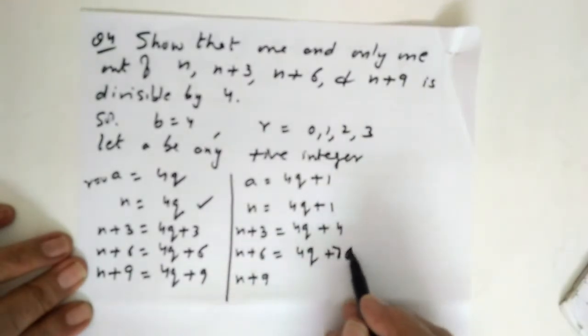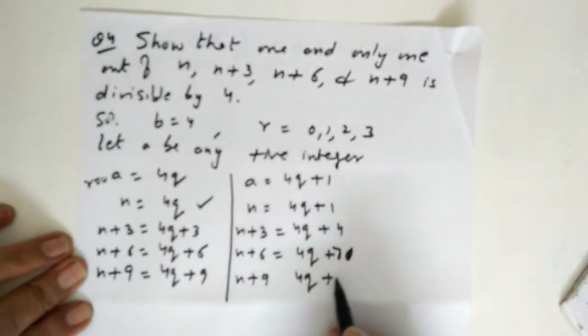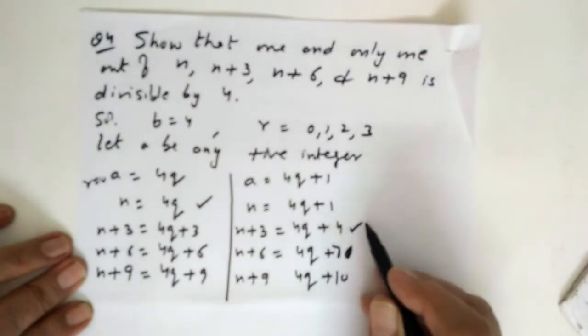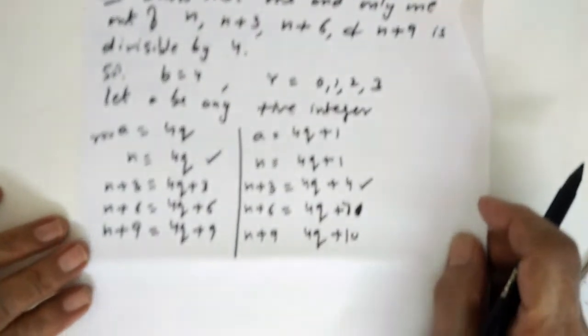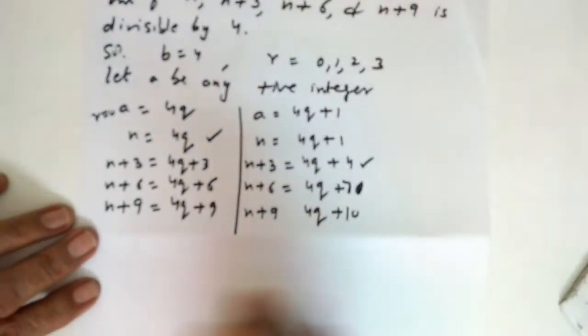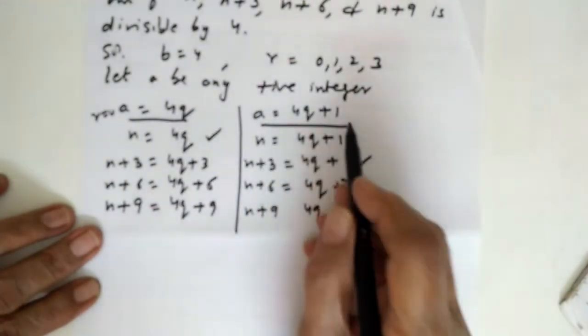This is 7, and this is 4q plus 3. This is 10. In this case, this is divisible by 4.